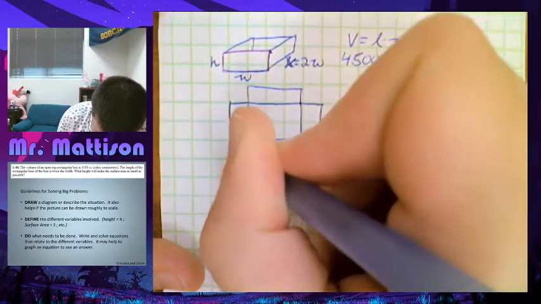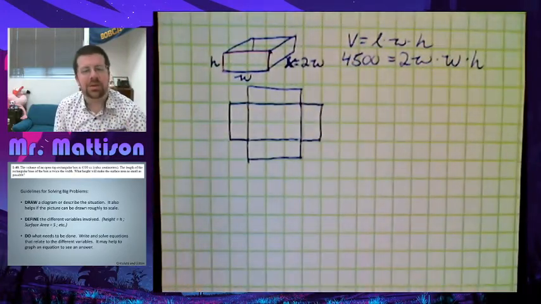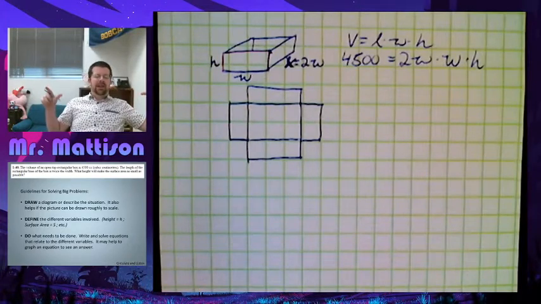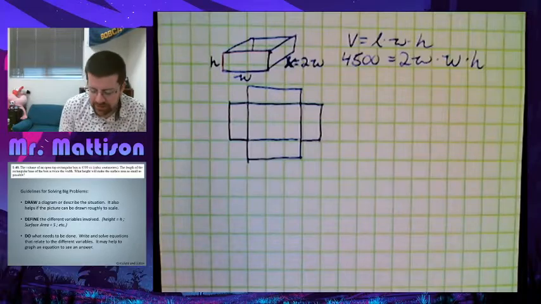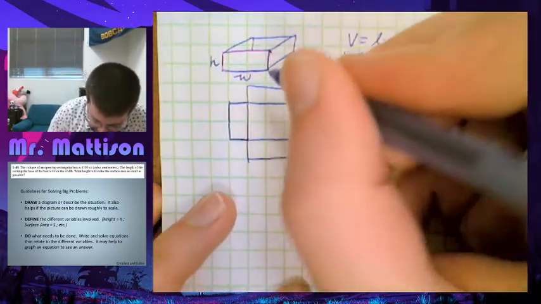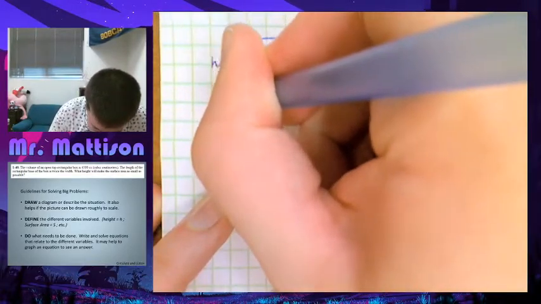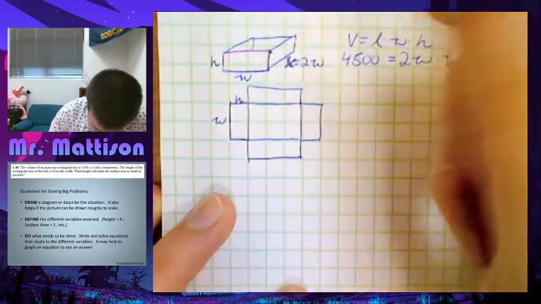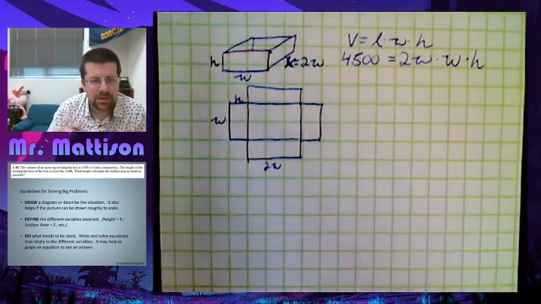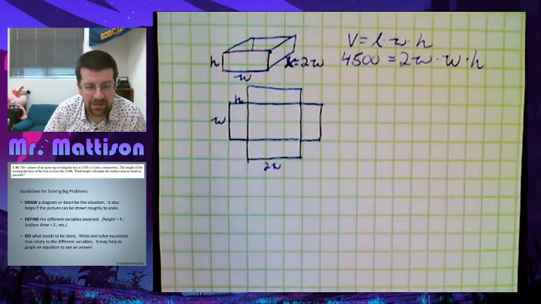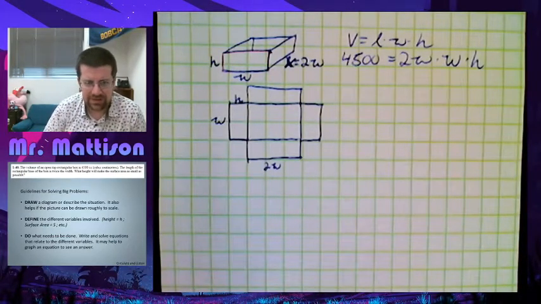So think back to the idea of cutting out the corners of a rectangle, and then you can fold it up and build the box there. So this would be a height, this would be a width, this would be 2 times width, or my length, right? So I really have a series of 5 rectangles here that I can find the area of.